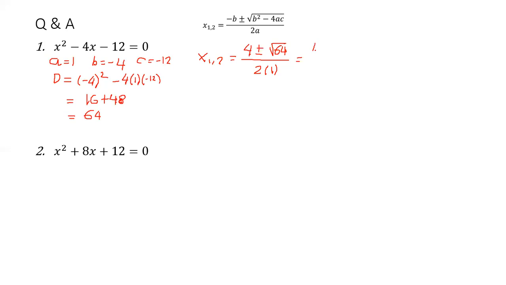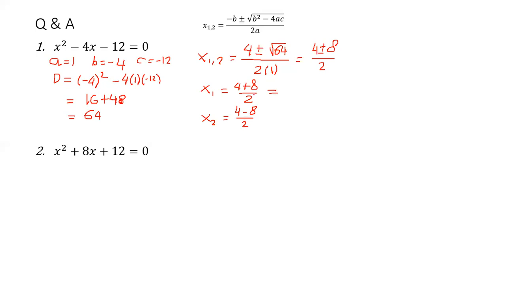So 4 plus minus 8, because the square root of 64 is 8, over 2. And there are two values of x. The first x is 4 plus 8 over 2, and the second x is 4 minus 8 over 2.